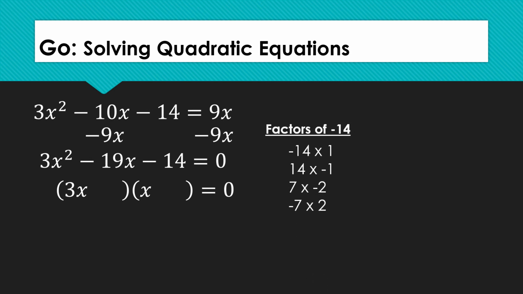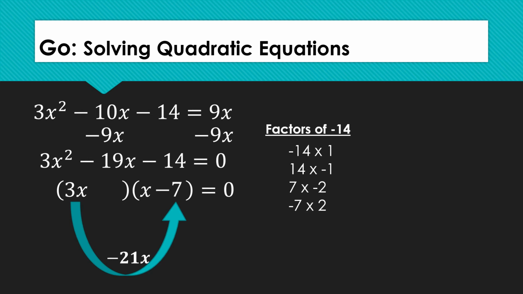If we look at the last set of factors, the negative 7 times 2, and we place the negative 7 in our second linear factor, when we multiply the last term in our last factor, the negative 7, by the first term in our first factor, the positive 3x, we get a product of negative 21x.